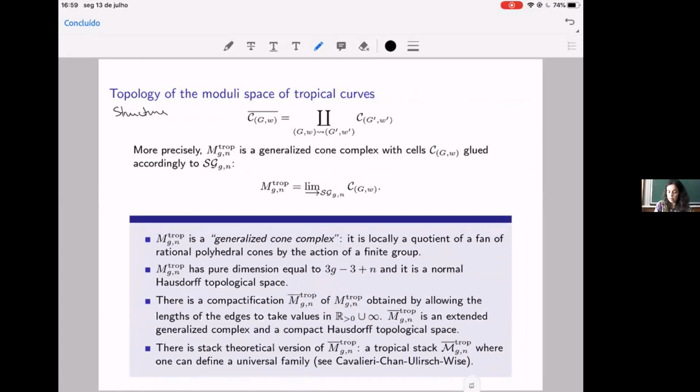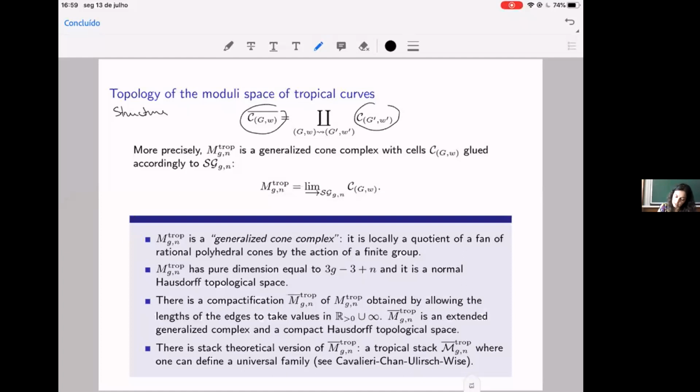Meaning that if we want this set to also make sense from the point of view of encoding the degenerations of tropical curves, we should say that in the closure of each cone, we should find the cones that correspond to specializations of the curves that you started with.